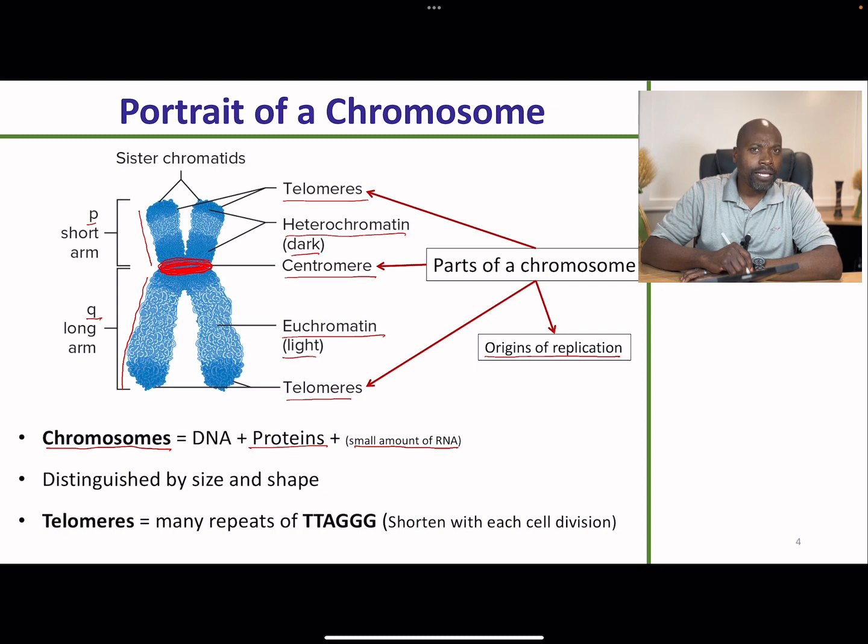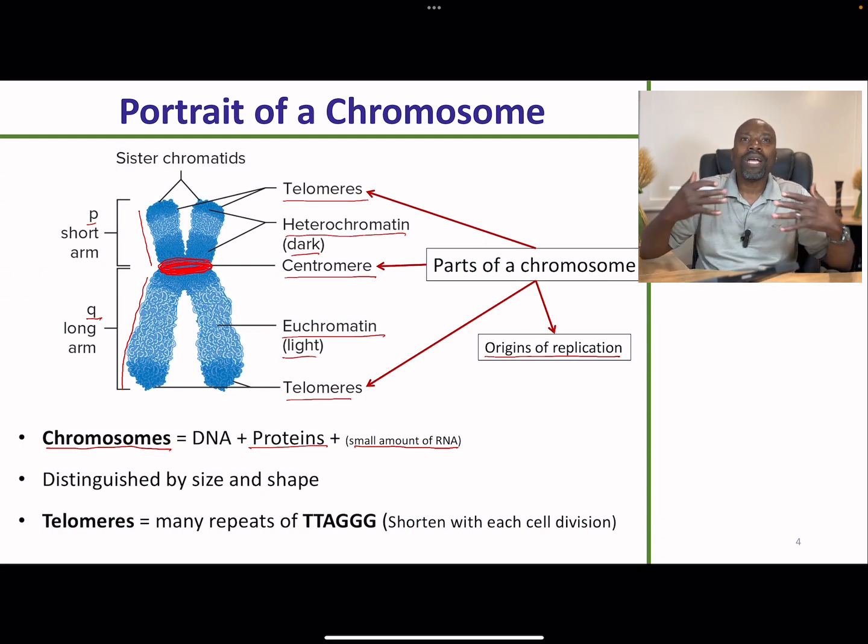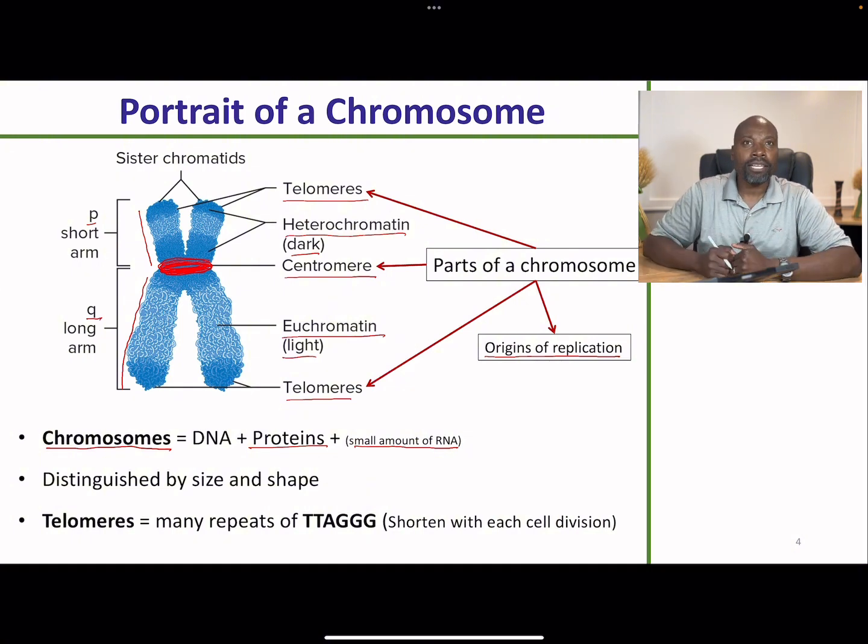That sounds a little weird? No, actually, it should not sound weird. Why? Because the cell is always metabolically active. You always have some gene expression, so you always have some RNA somewhere. So do not be surprised that we have a small amount of RNA here.